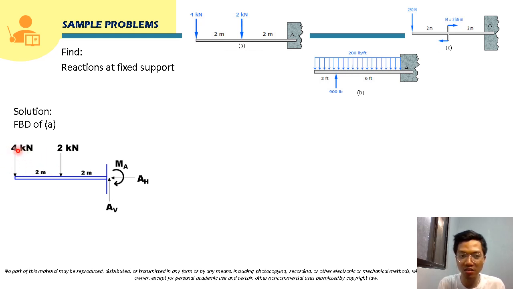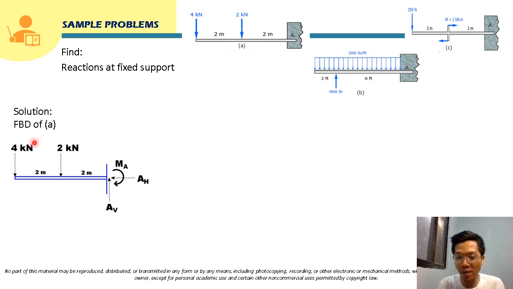As we can see here, if we take the moment of the 4 kilonewton and 2 kilonewton loads about point A, it will give a counterclockwise rotation about point A.